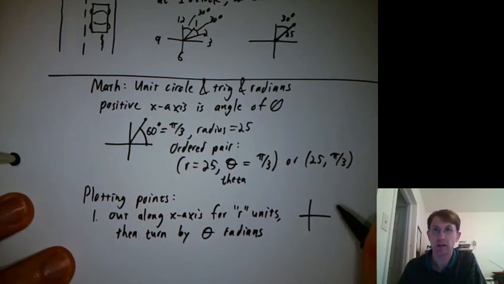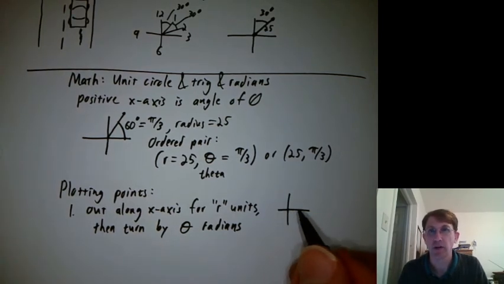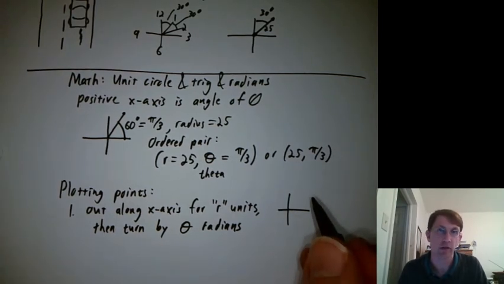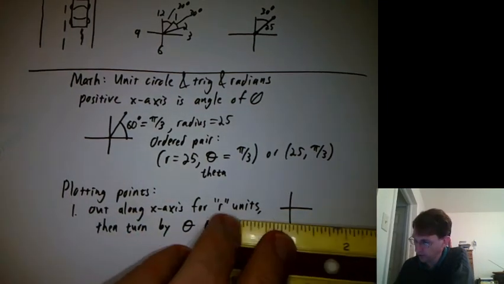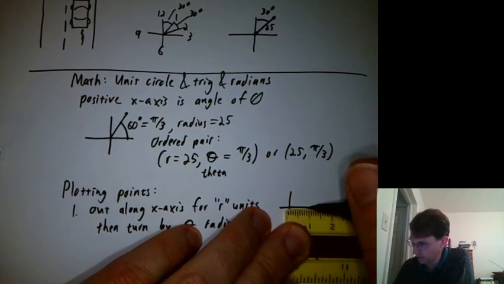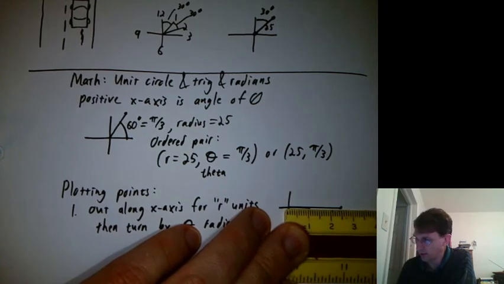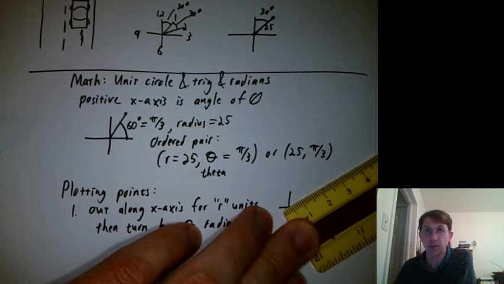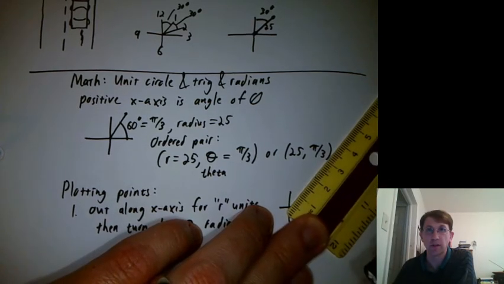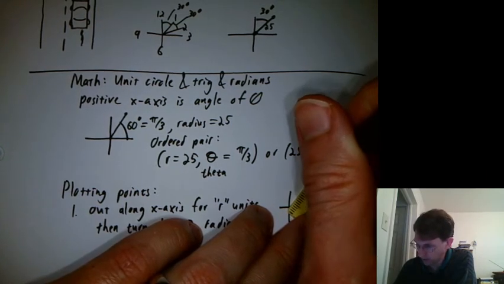So if I wanted to go out 25 millimeters and then turn pi over 3, I'd say, okay, I'm going to go out to 25 millimeters, and then I'm going to take that whole thing and pivot it up until I'm at pi over 3.